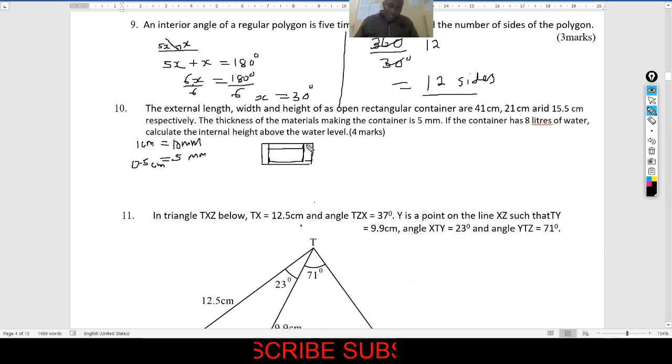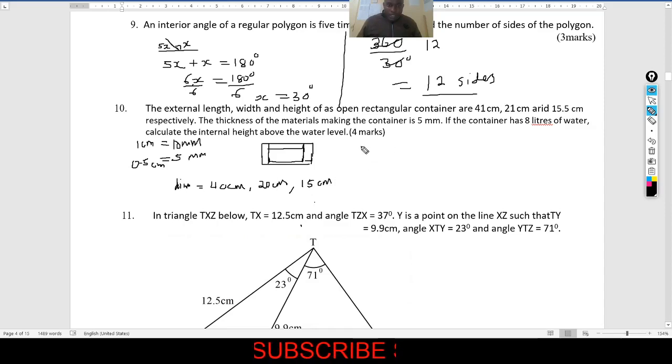So 0.5 times 2 is 1, and the dimensions become 40 centimeters by 20 centimeters, and the height, because it's open, changes on only one side, so minus 0.5 is 15 centimeters.